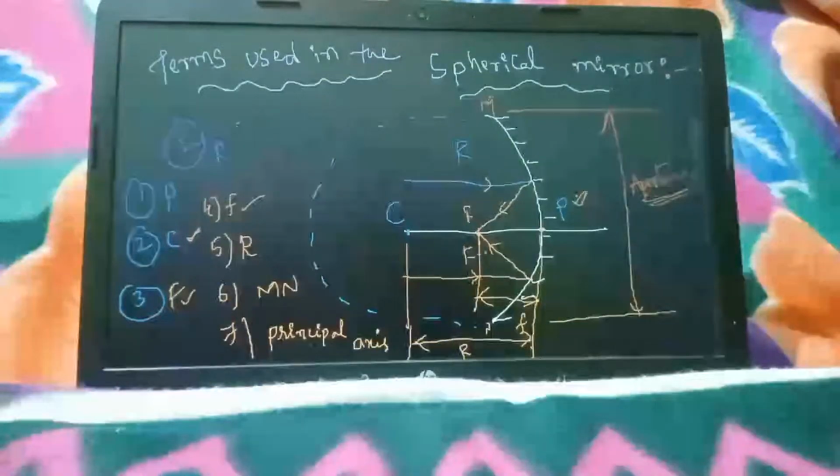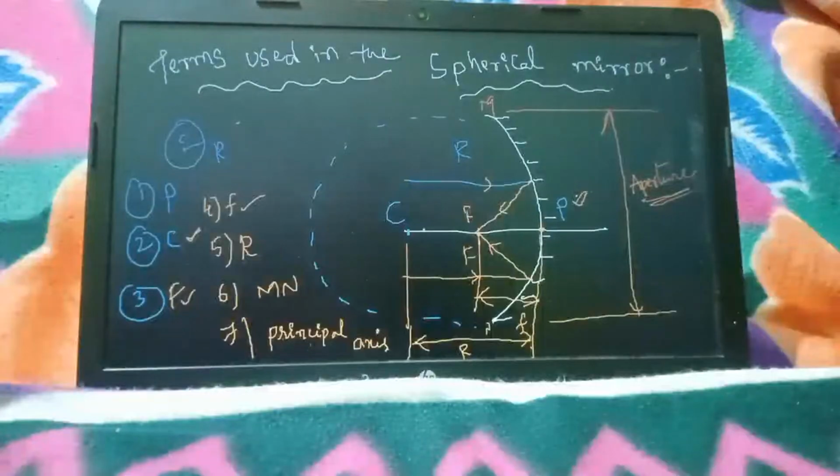The distance between focus and pole is called focal length. The distance between center of curvature and pole is called radius of curvature. The width of the mirror is called aperture. The line joining the center of curvature and pole is called principal axis. These are the terms in a spherical mirror.